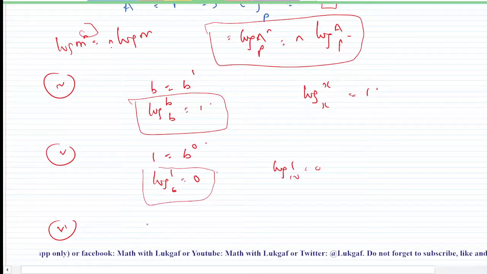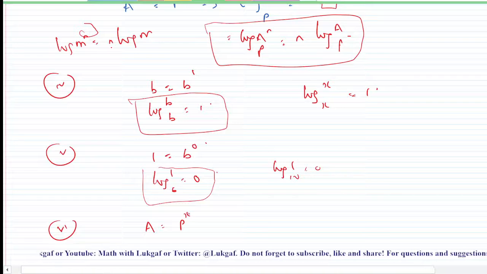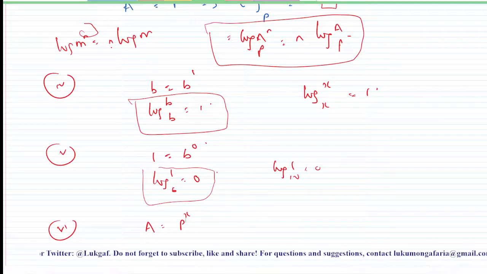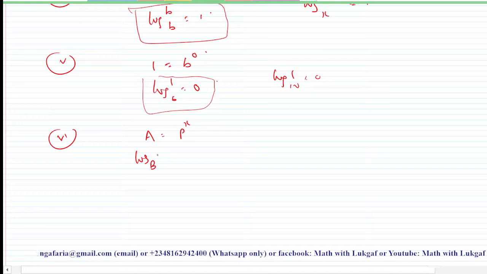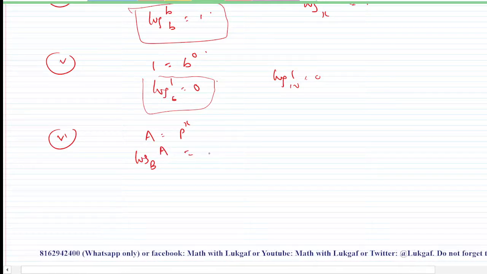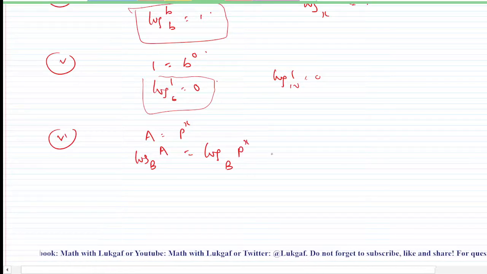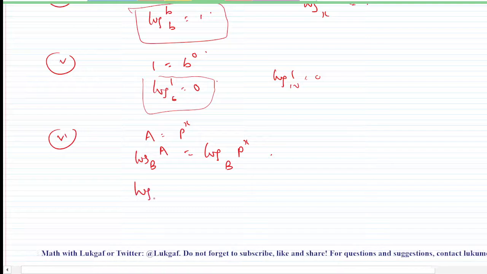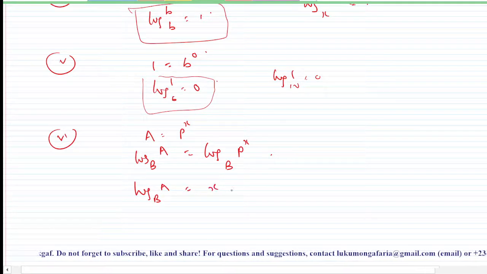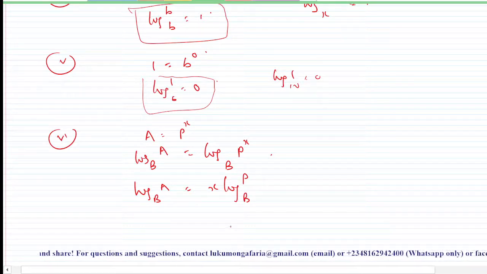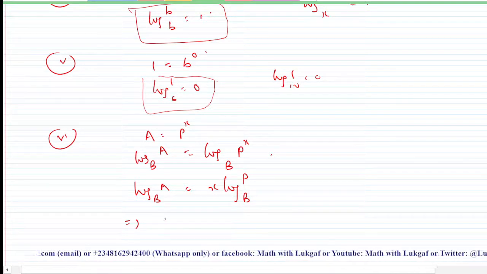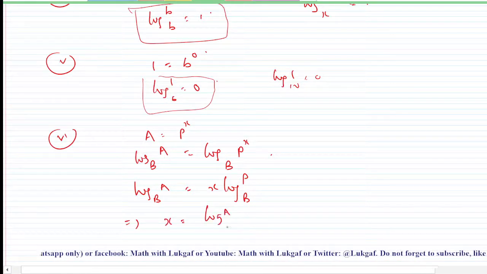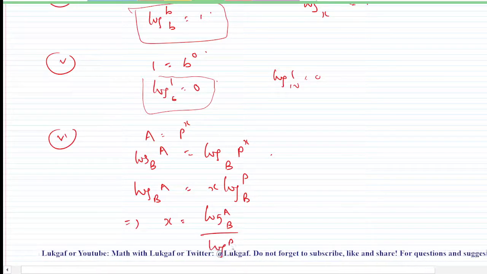Suppose I have that A is equal to P raised to X. Then if I introduce log base B to both sides, I'm going to have log A base B equals log P^X base B. Remember, from the logarithm of a power, this is going to give me X log P base B. Then if you make X the subject of the formula by dividing both sides by log P base B, I'm going to have that X is equal to log A base B divided by log P base B.